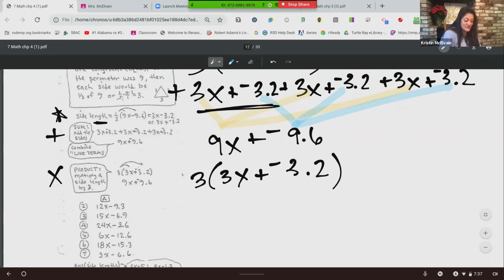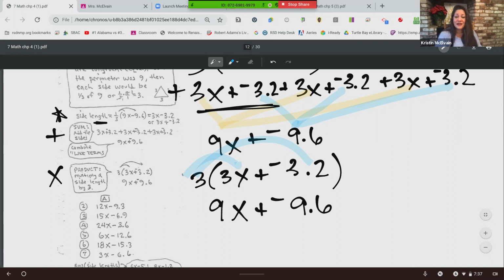This is repeated addition, and this is multiplication. And we distribute right back to our original, 9x plus negative 9.6. So it seems like a lot of work, but it's just taking it apart and putting it back together. Okay, so let's go ahead and do number 2.